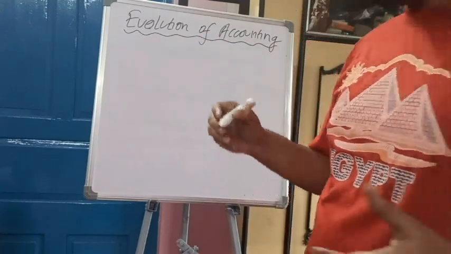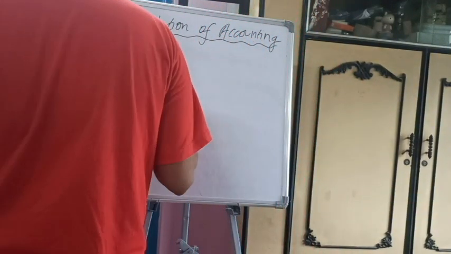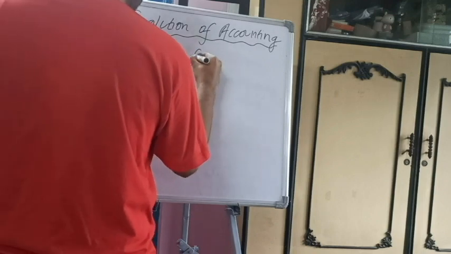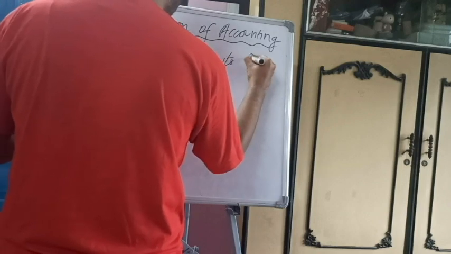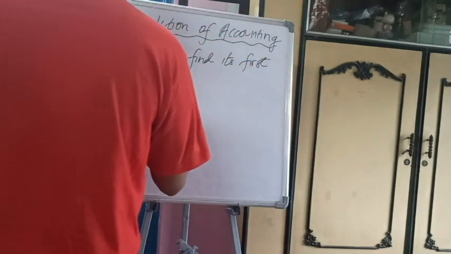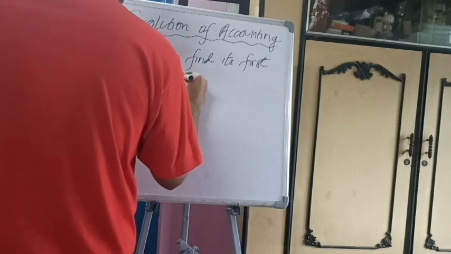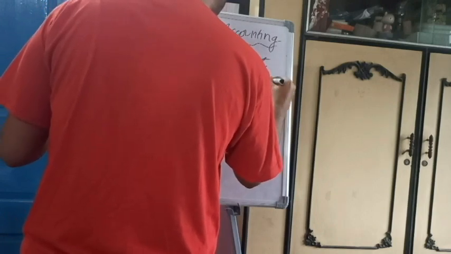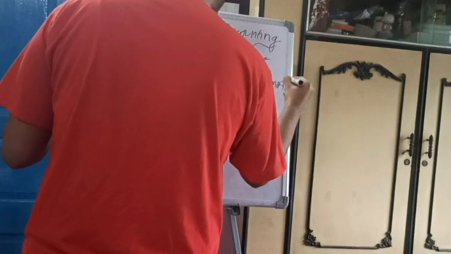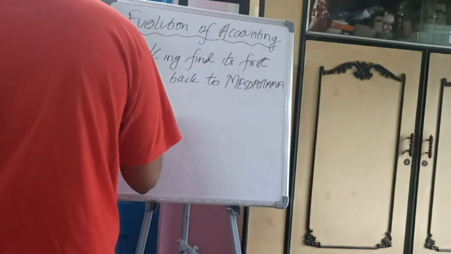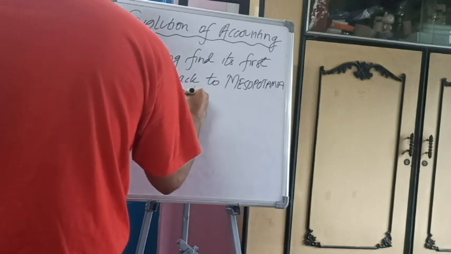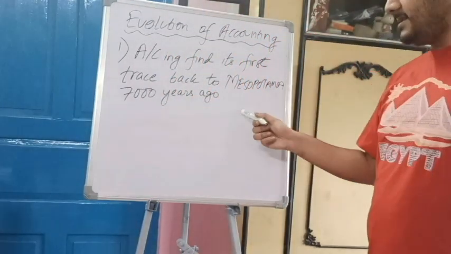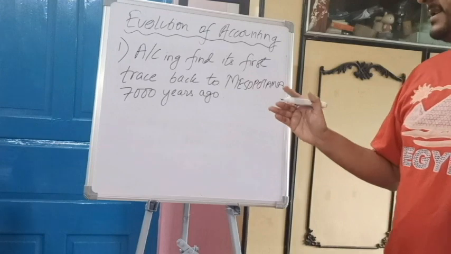The first known fact is that 7,000 years back, the first trace of accounting was seen in Mesopotamia.